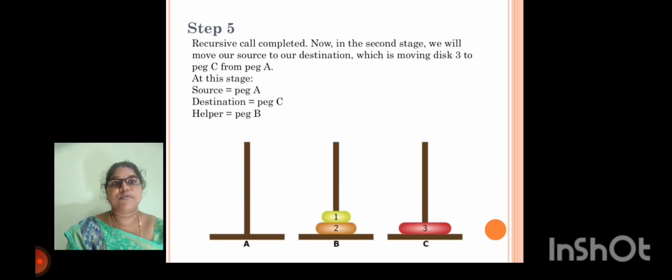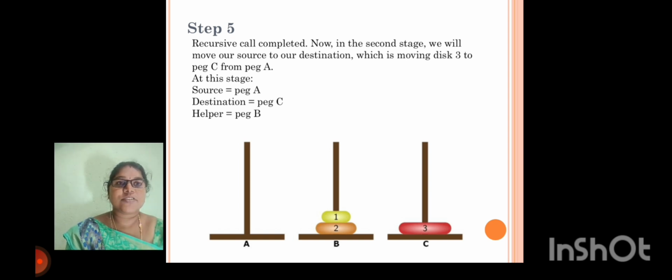In step 5, we are moving the disk from peg A to peg C directly because there is only one disk. Now the remaining disks are placed in peg B.